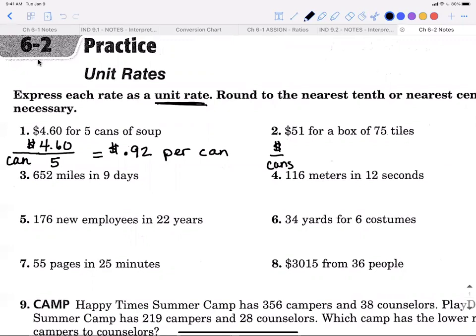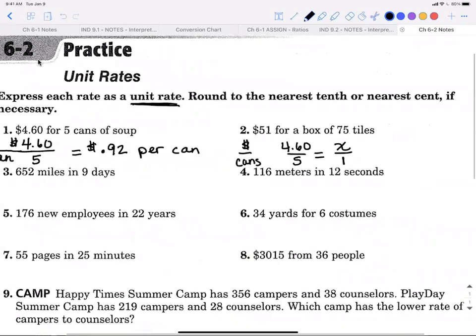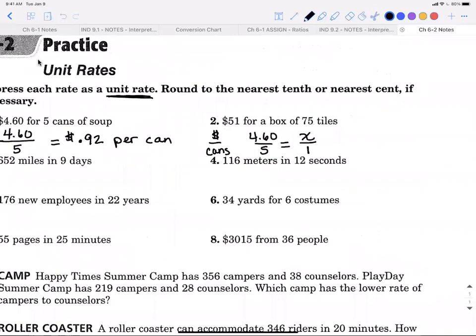In the given information, I had $4.60 for 5 cans, and I wanted that to equal some amount of money. I don't know the rate, the unit per can, for 1 can. Have you guys solved equations with 2 fractions equaling each other? Is that something you've done yet?